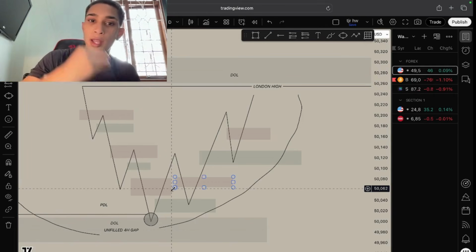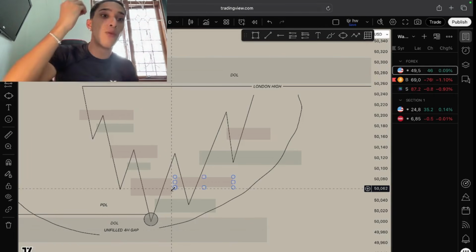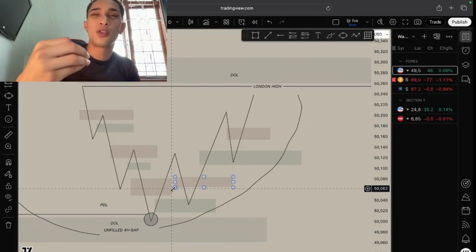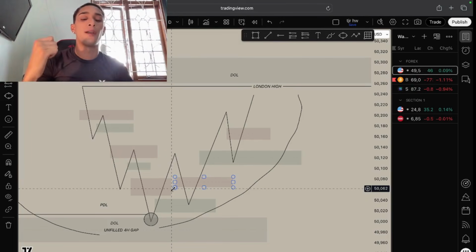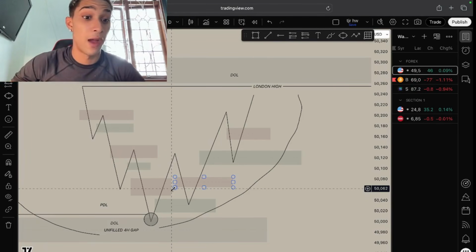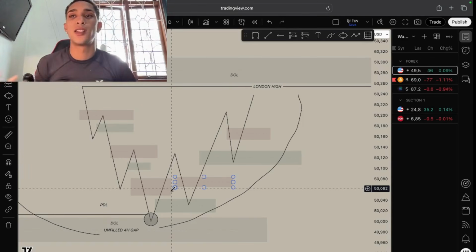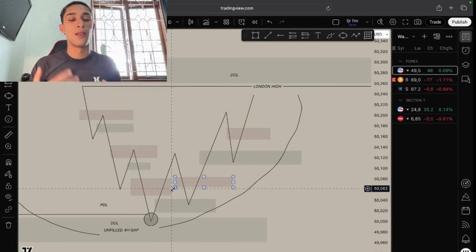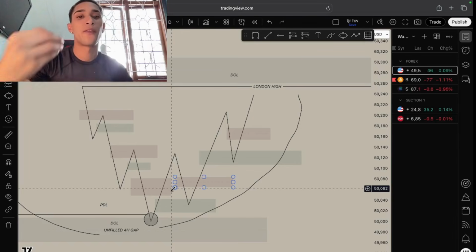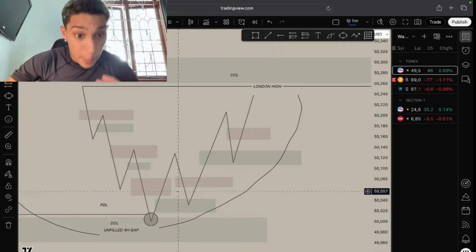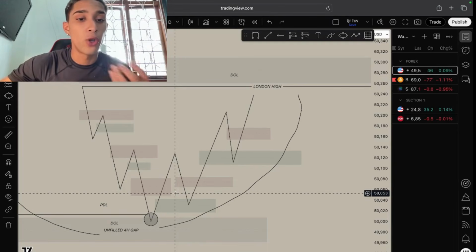So not only did they reach their destination and they have nothing more to go see, but also that's the place where they were likely to say, okay, we've had enough today, let's go back. And that's the exact same thing that your draw on liquidity is going to do. It's going to be like the final destination for the tour bus, you know? Market was pushing and pushing and pushing, and that was the point where we likely suspect they're going to have had enough.